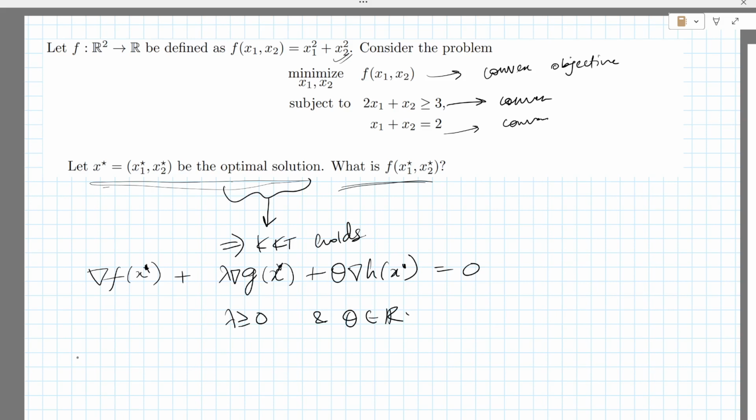So this is 2x1 star, 2x2 star plus lambda into 2.